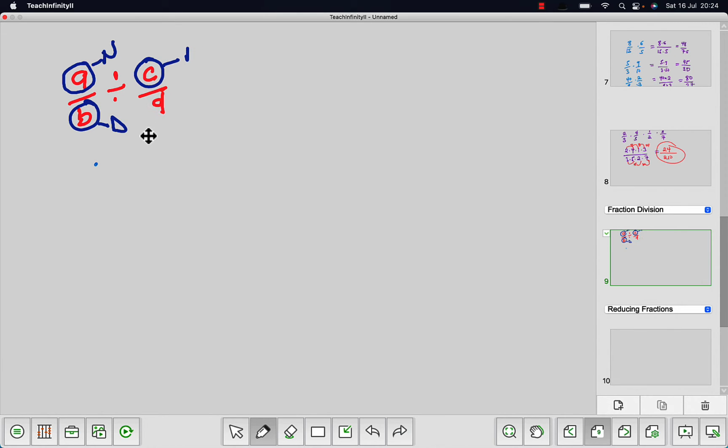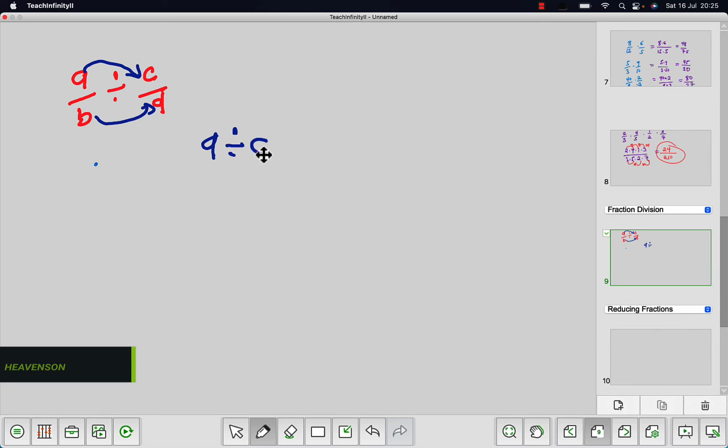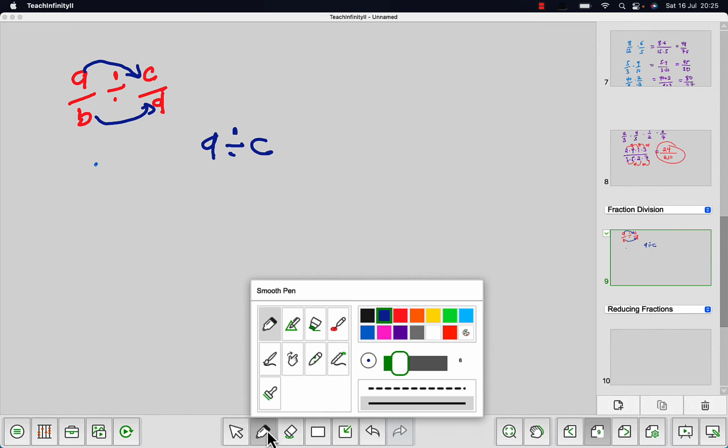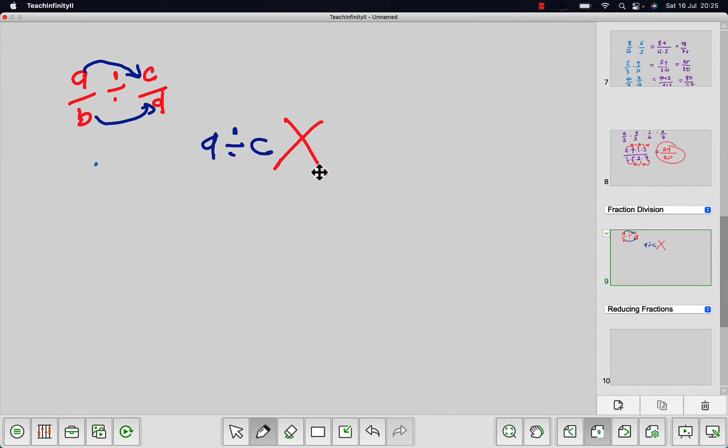And we said that if we were multiplying, we would have just gone ahead and multiplied the numerators. But we can't divide a by c. This is not allowed, okay?